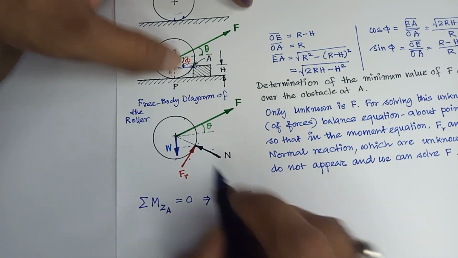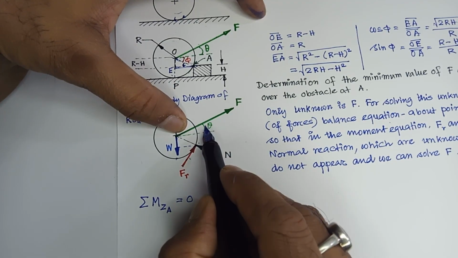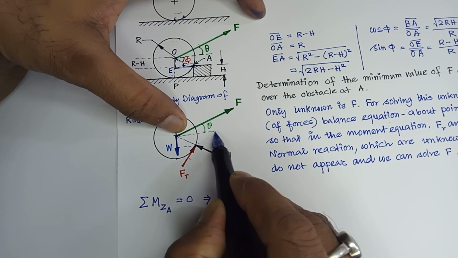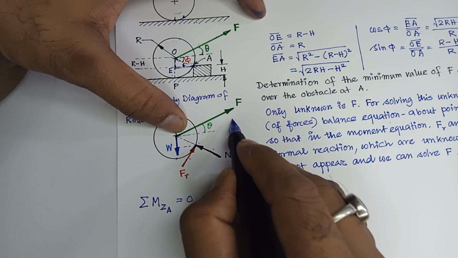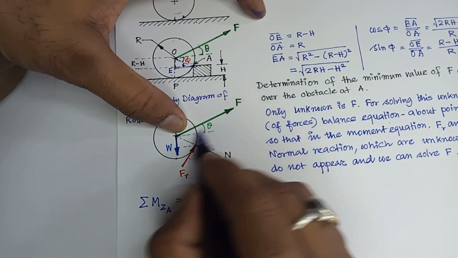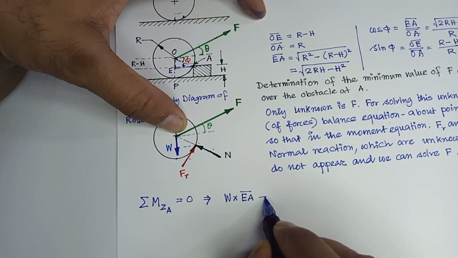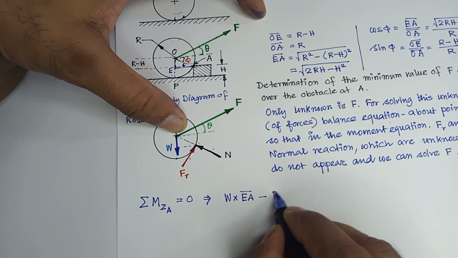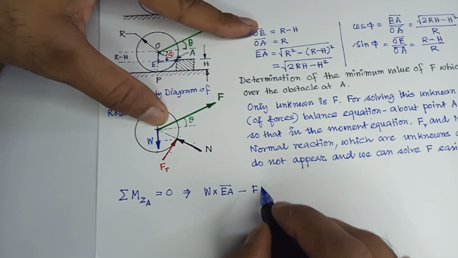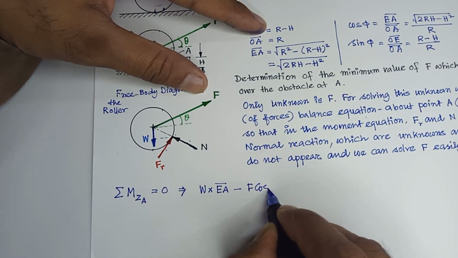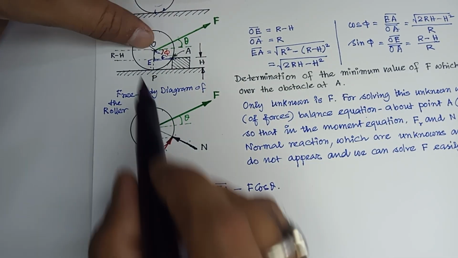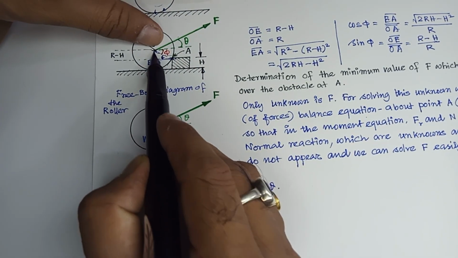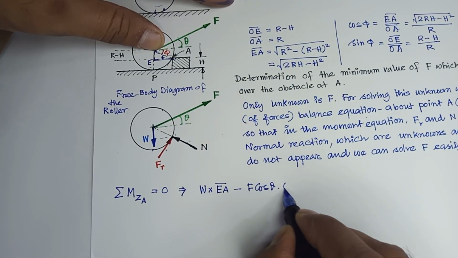This is counterclockwise, and F cos theta into this distance gives you clockwise moment. So the green force component will give you clockwise moment. So minus F cos theta multiplied by this distance. What is that distance? That distance is OE.